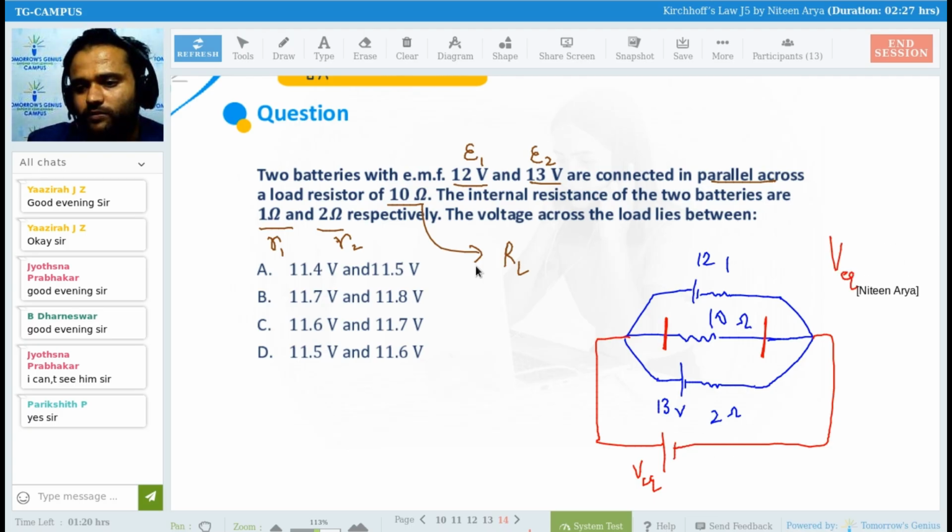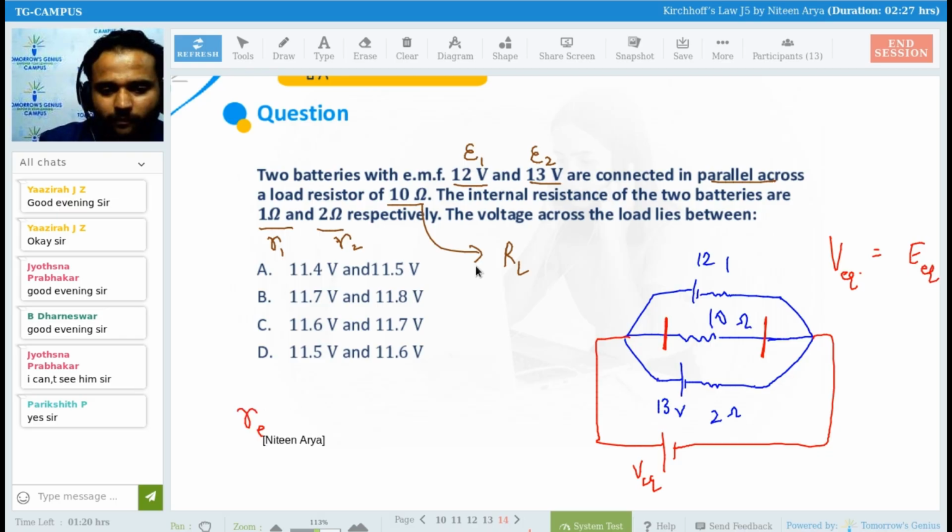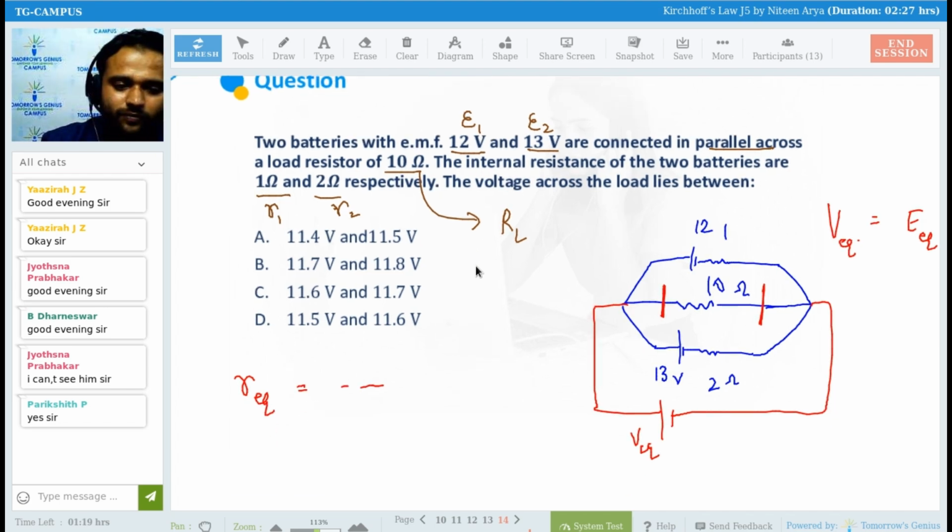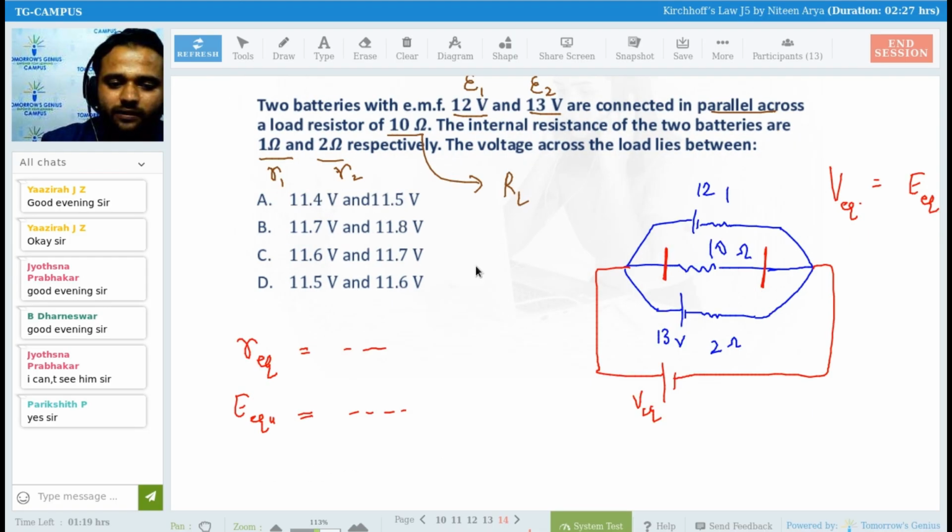Why so here? Because there is no voltage in this. So the moment you find E equivalent and R equivalent, you get I.